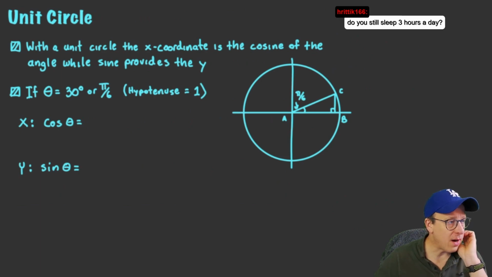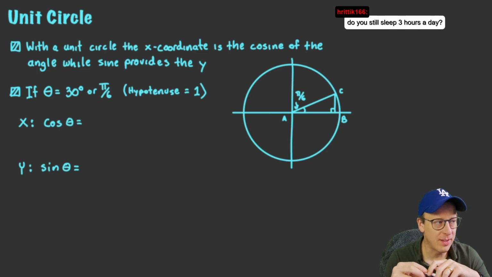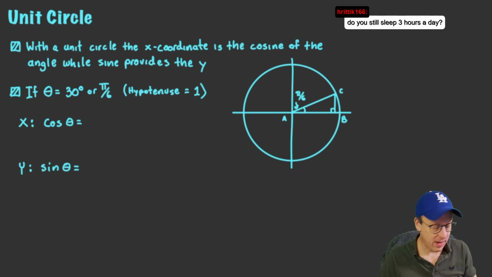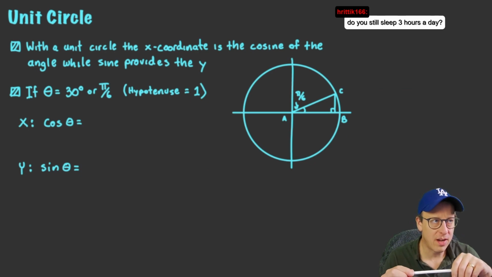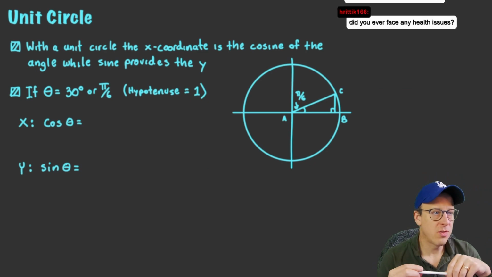Do you sleep 3 hours a day? I sleep 3 hours. This is somebody that probably came over from my YouTube video. I sleep 3 hours a day, 4 days a week, and the other days I normally kind of wake up. I normally sleep 3 hours and then lay in bed for another hour and then get up. So, yeah. I can't sleep. The positive of polyphasic sleep is that you get an extra 5 hours a day.